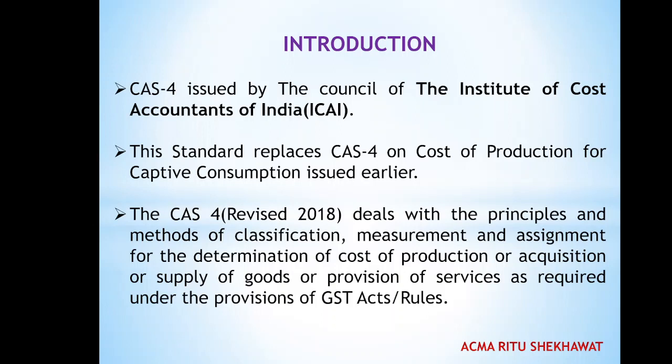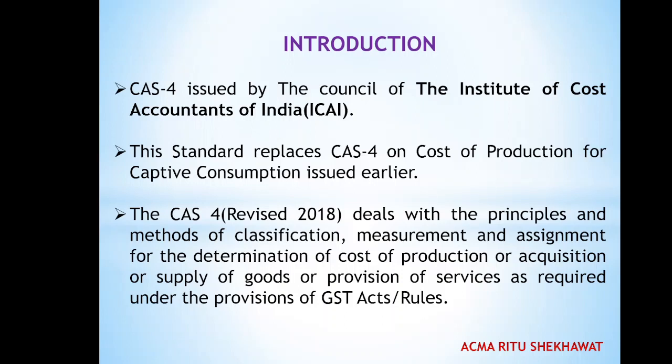So, moving from a manufacture-based regime to a supply-based regime, this is the basic reason for the introduction of the revised cost accounting standard 4. The name has been changed from captive consumption to cost of production, acquisition, supply of goods, provision of services.